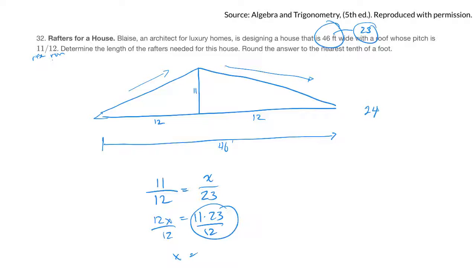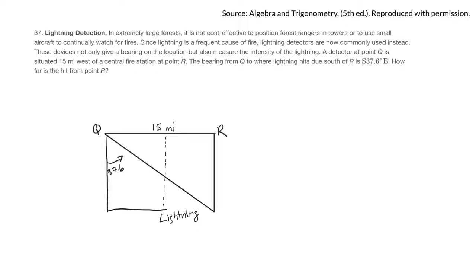Oh, whatever number this comes out to, if it's 46, it'll be half the length of the rafter. And then all you have to do is double that, and that'll give you the length of the rafters. Hopefully that helps. If that doesn't, or if you don't quite get it, send me another note.